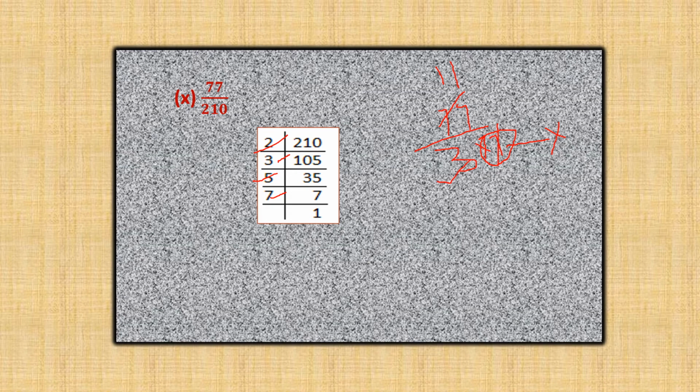You check with this 11, but it is not divisible by 3, so this 3 will stay as it is in the denominator. If there is another factor 3, then it is not in the form of 2 power n into 5 power m, so it is a non-terminating repeating decimal.